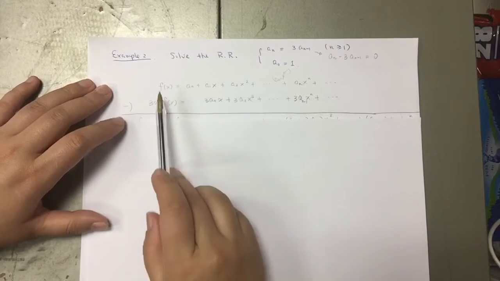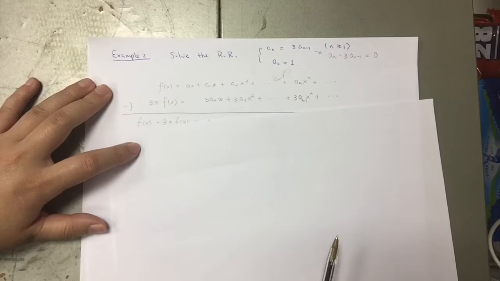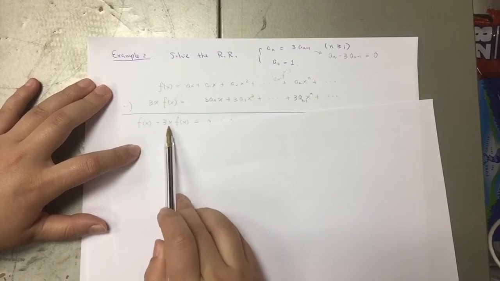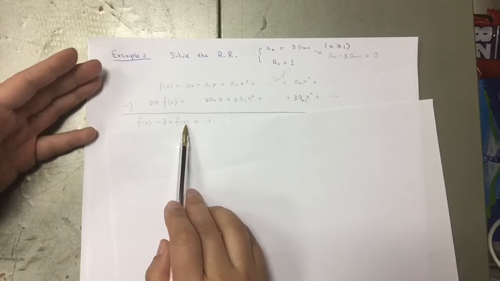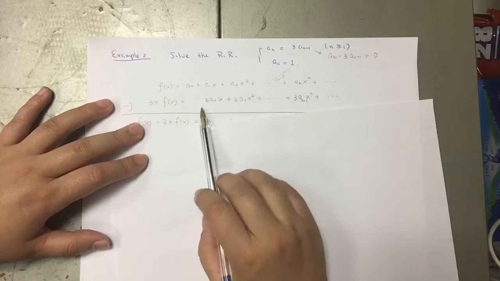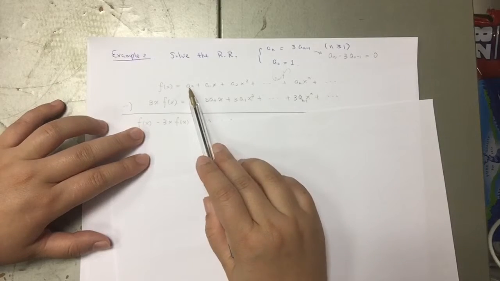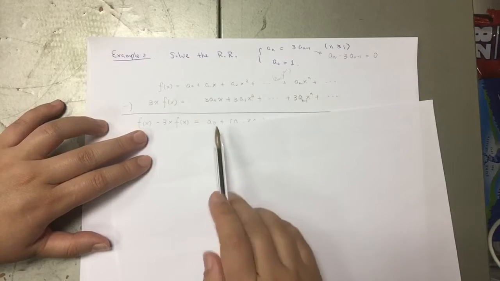If I subtract the left by the left, we see f(x) minus 3x times f(x), which can be easily simplified if you pull out f(x). On the right-hand side, the constant term is a_0 minus 0, which is a_0 by itself.